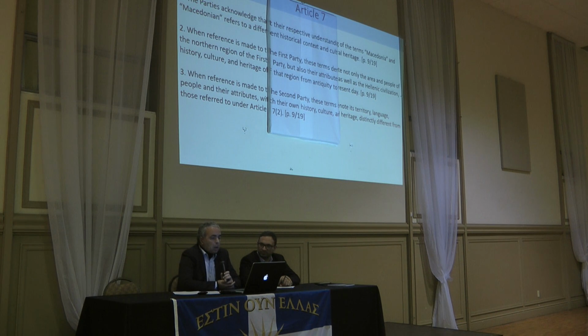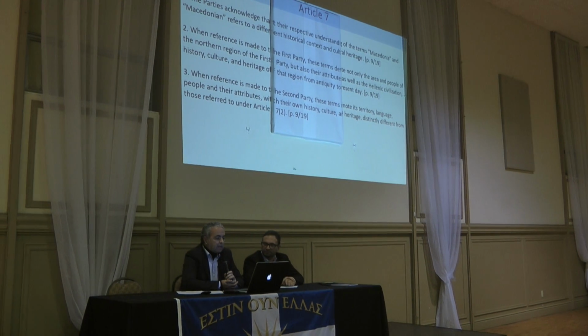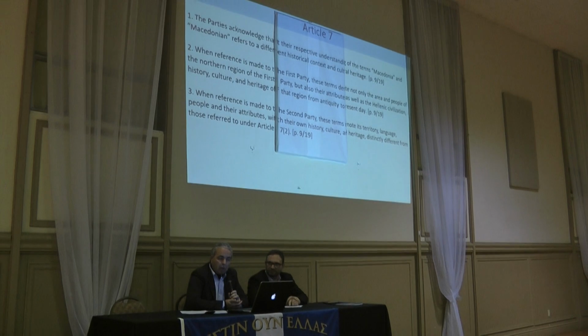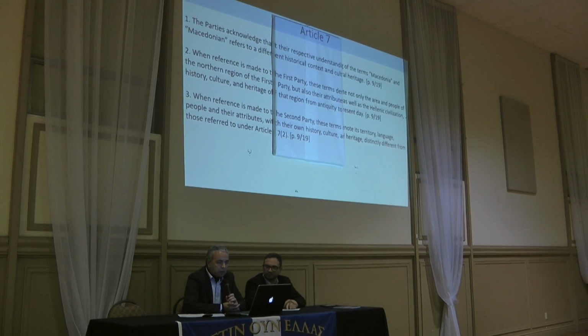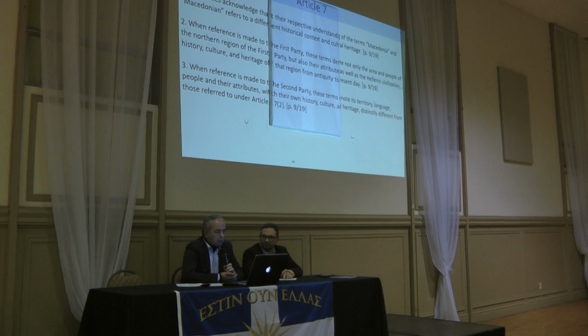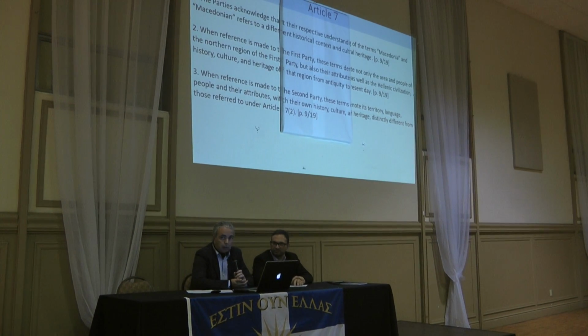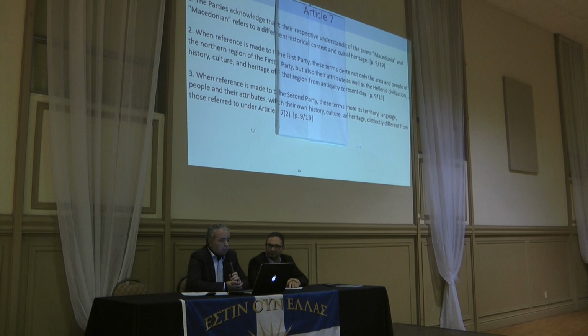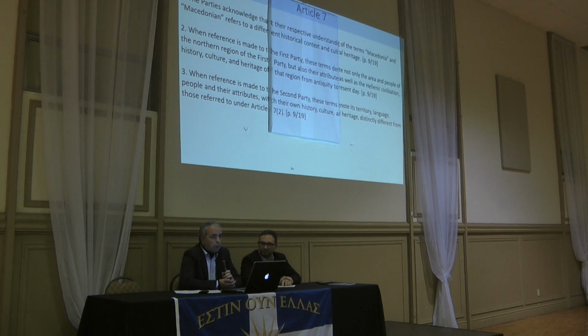So, you see that there is a definition of Macedonian. We have 2 paragraphs. Paragraph 2 is for Greece, the 3 is for FYROM, and we have some details. So the first details, you can see there's the following. You see the expression in the second line, northern region of the first party.